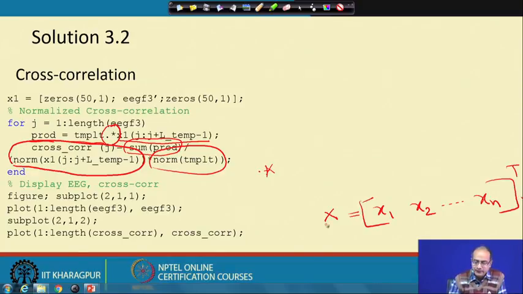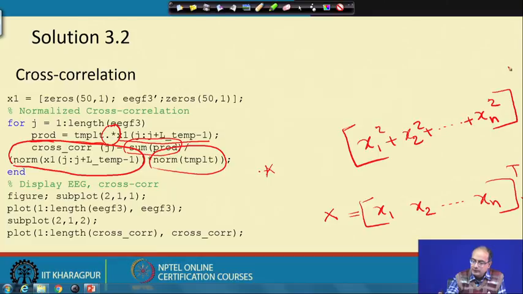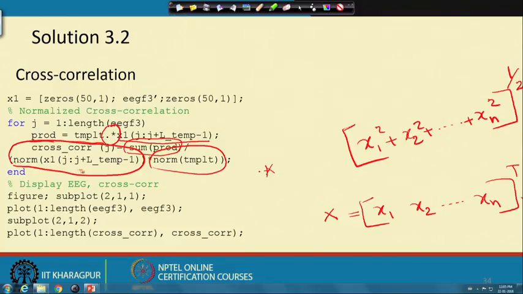Now, when we take norm, it will calculate x1 square plus x2 square, and in that way xn square, all of them it will add and it will take square root. That is the output of the norm function. So, we divide it by the norm of the two constituents, one is the template, another is the corresponding part of the signal.